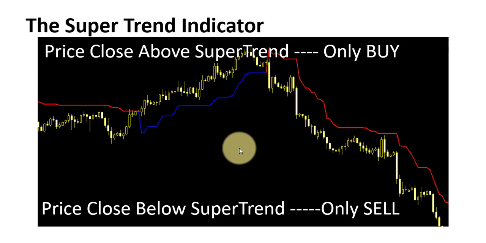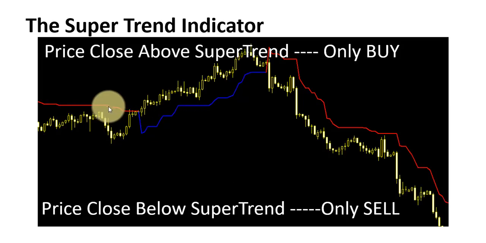Next, the super trend indicator. This super trend indicator will trail prices until there's a reversal. So it helps to keep you in a trend as long as possible. When there is a red color for the indicator, it means we are in a downtrend. Blue color is uptrend.